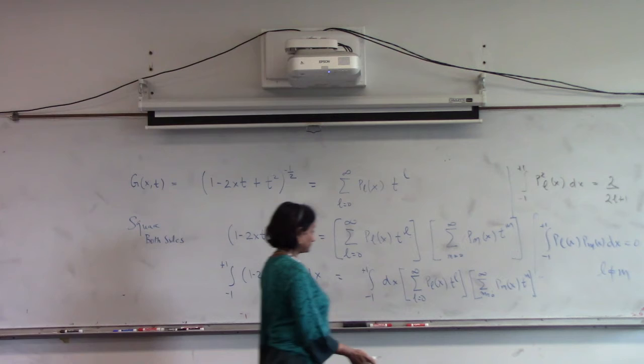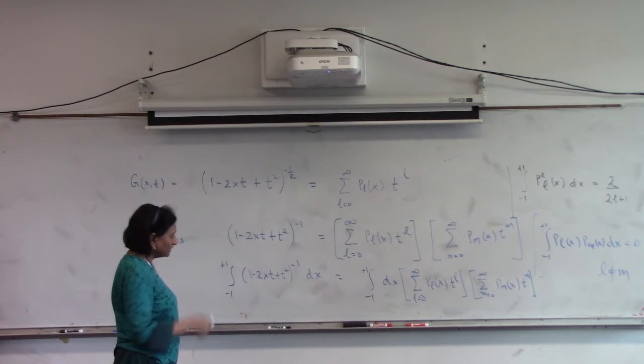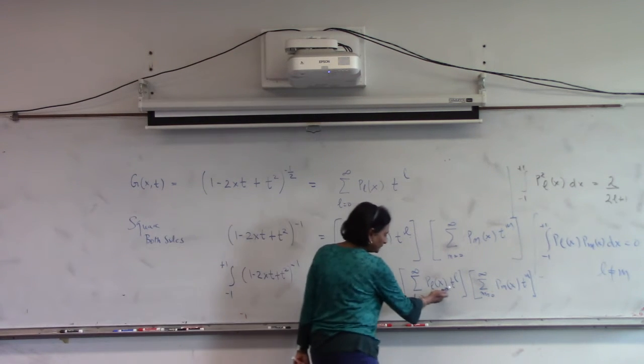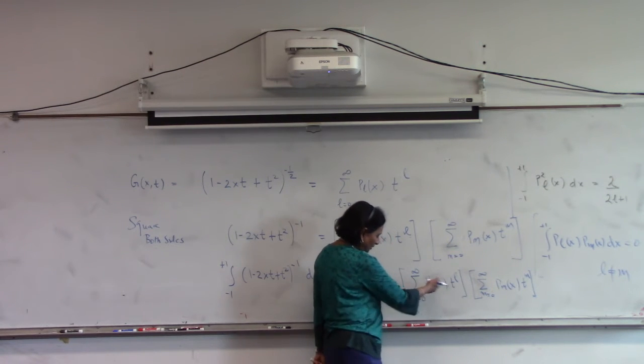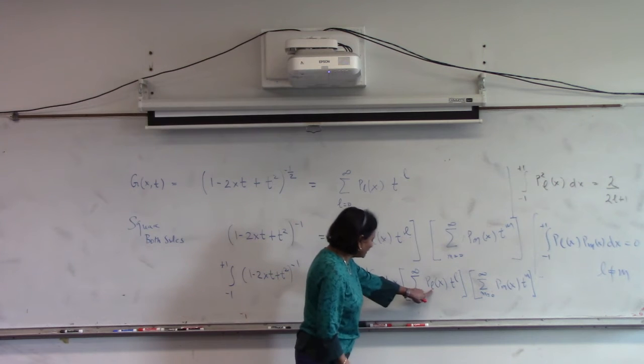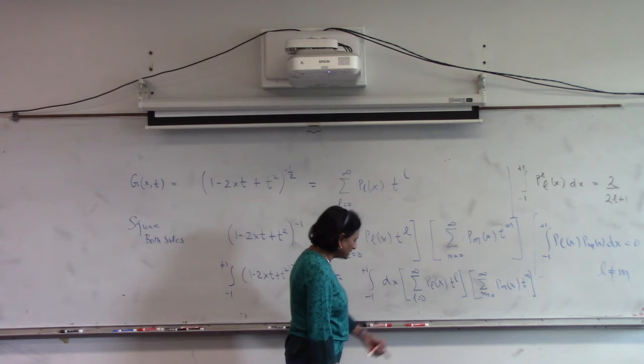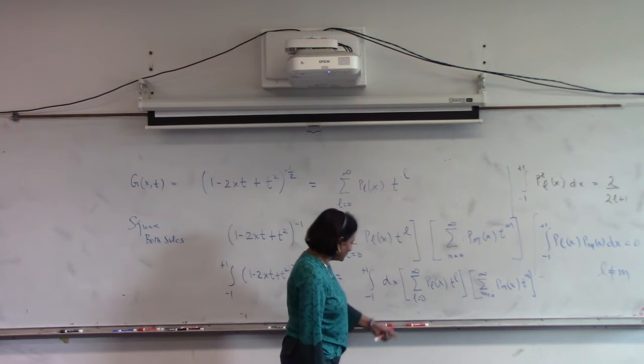Okay. I'm integrating with respect to x. So I can put all these, each term has an L equal to 1, it's P0(x), P1(x), P2(x). But we know the property, right?